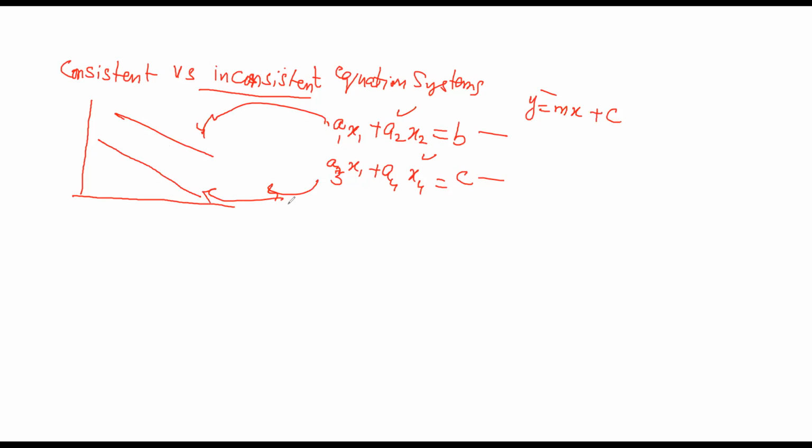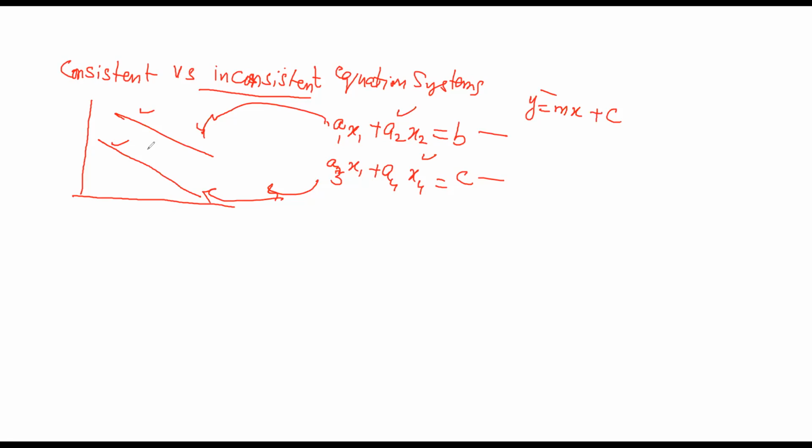So these two lines will not be intersecting with each other. Although nothing will be wrong with these lines, since they are not intersecting, they will not produce any solution. So parallel lines do not produce any solutions.